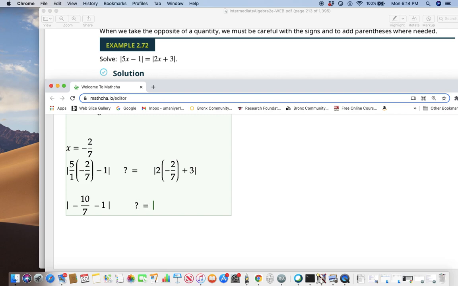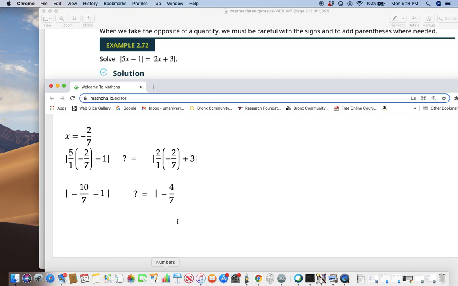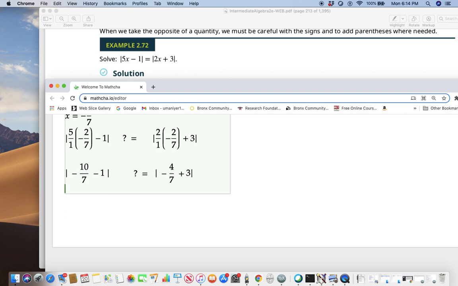Let's do the same work here. 2 is nothing but the fraction 2 over 1. So that gets me negative 2 times 2 is 4 over 7, plus 3. What happens here? Negative 10 over 7 minus 1.